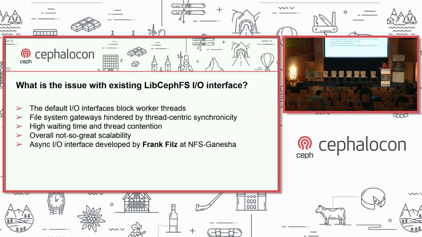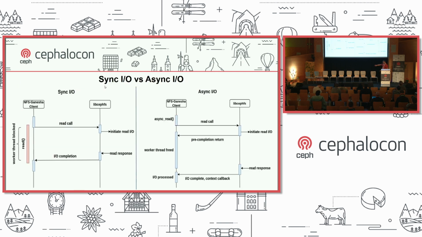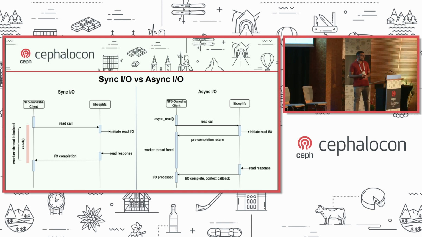Let us first see the difference between what we have on your left-hand side and what we have as a new interface. So as you can see, when the NFS-Ganesha client, or any other file system gateway which is attached with Libcephfs, has a read call to the Libcephfs, the worker thread is blocked for the entire duration of the I/O. In this case, it's read, and it is only unblocked when the I/O completes.